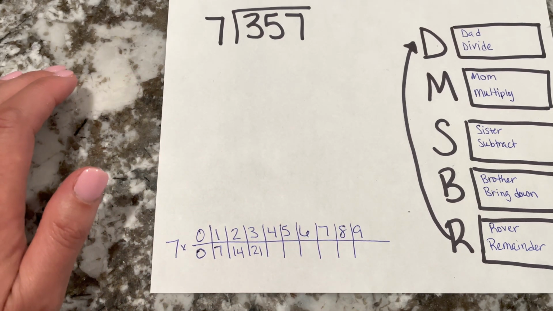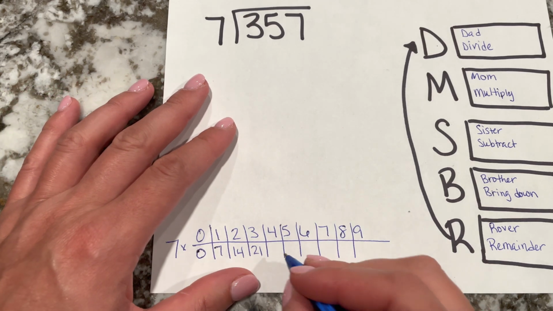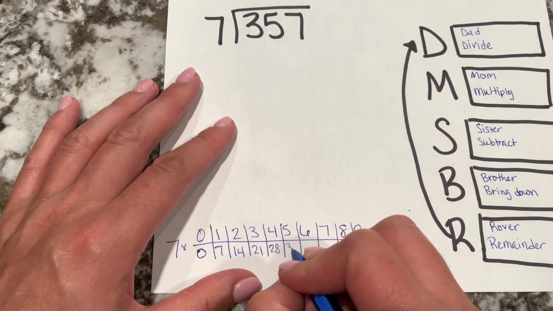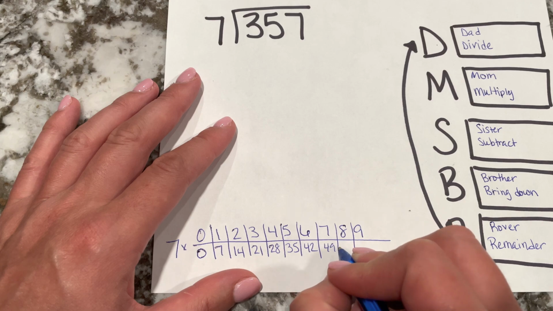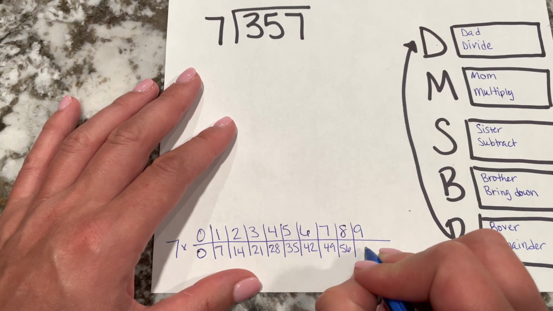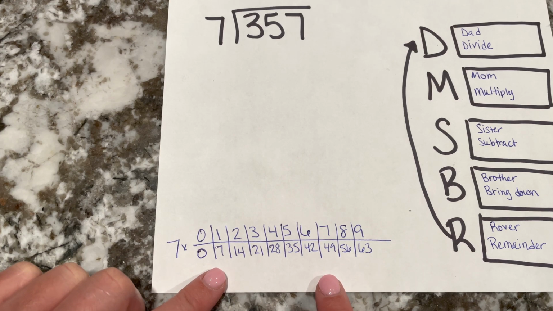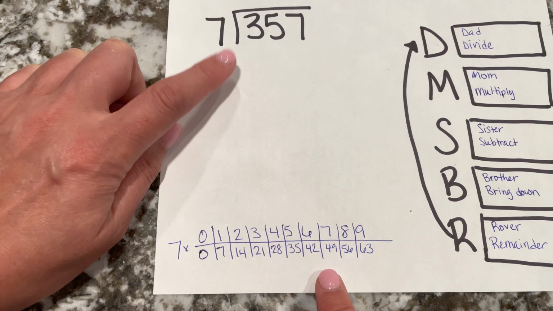And so on and so forth. So go ahead and fill that out. Pause it so you can fill it out. And I'm going to do it as well. Okay, so we have our top-bottom chart. It's a little bit of extra work, but it's going to help you so much when you're dividing.